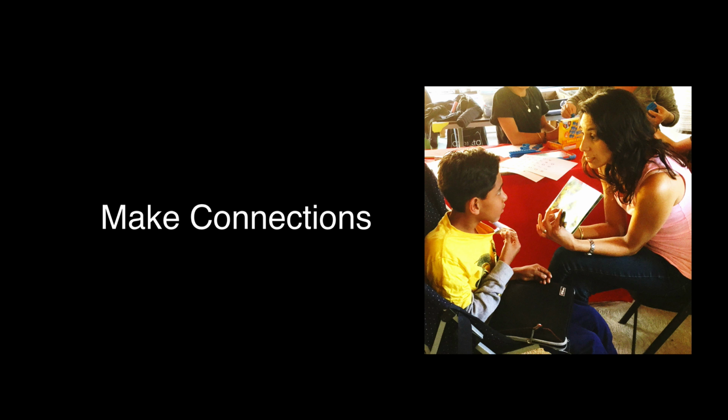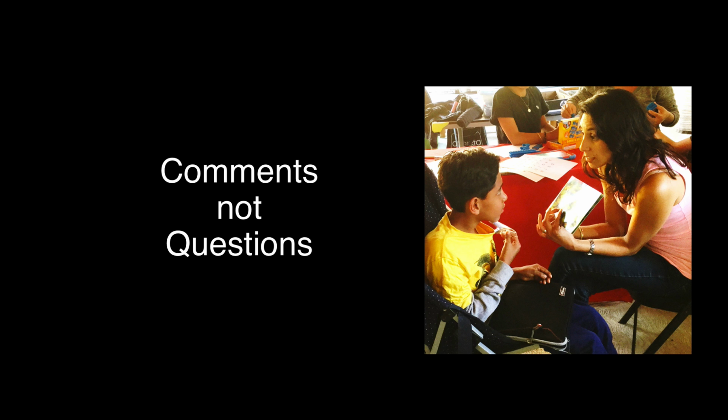During shared reading, the adult helps students make connections between the book and things the student already knows or has experienced. The adult helps students make these connections through comments, not questions. In fact, questions are avoided as much as possible.